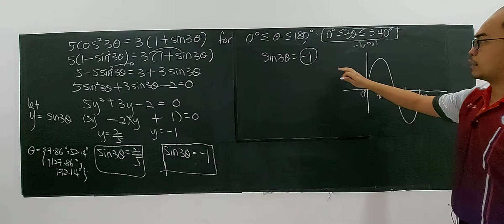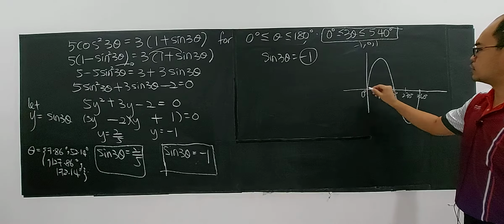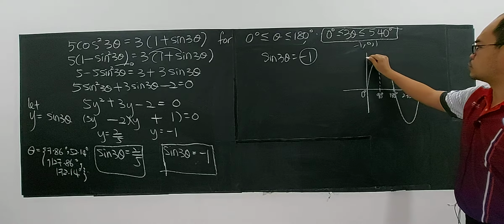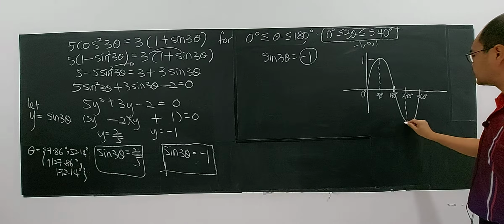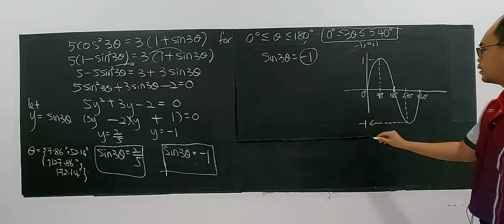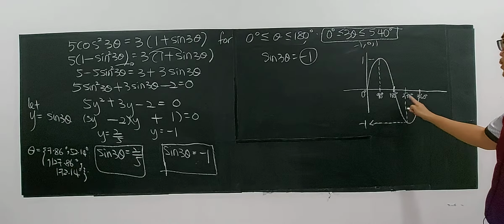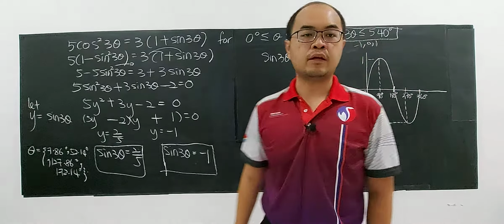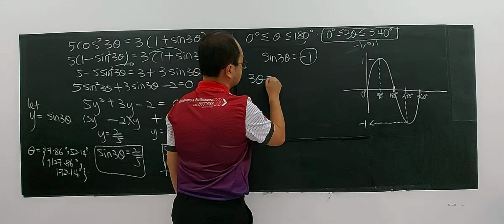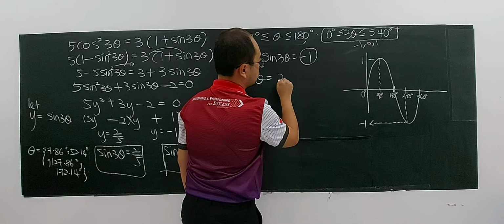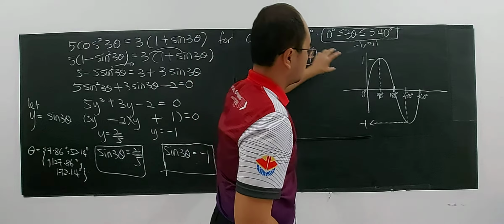For example, -1, right? Sine 3 theta is -1. So sine 0 is 0. Sine 90 is 1. Sine 180 is 0. Only sine 270, you're getting -1. So it means that for 3 theta, the first possible solution here will be 270, because sine 270 gives you -1.